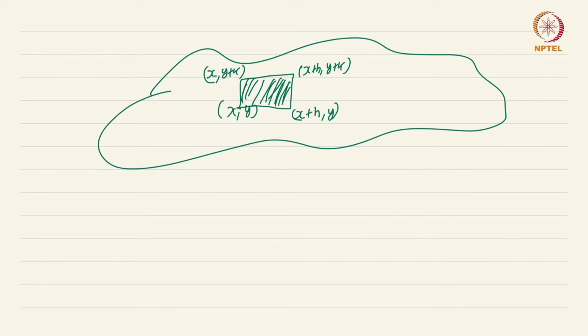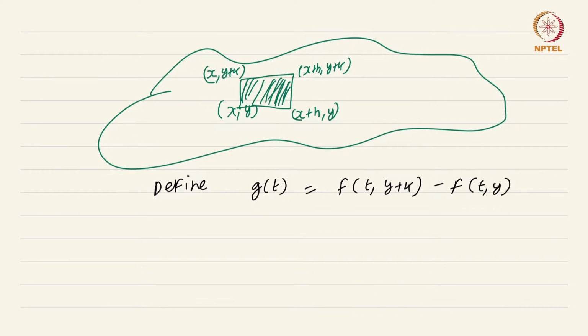Now I am going to compute the values of this function on the vertices of this rectangle I have just drawn. So you define this new function g of t to be equal to f of (t, y plus k) minus f of (t, y). This is a one variable function and this is certainly defined whenever t is an element of [x, x plus h].